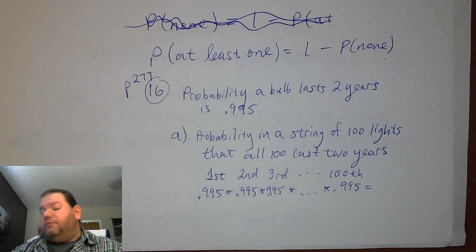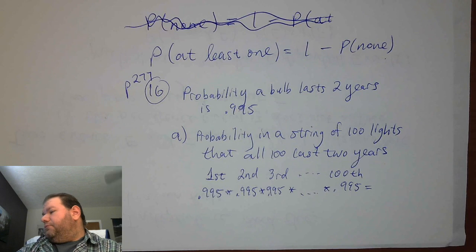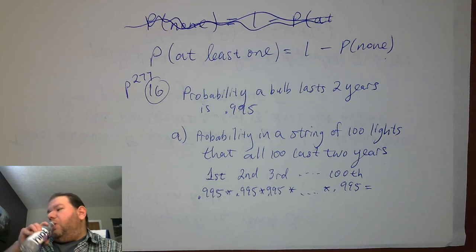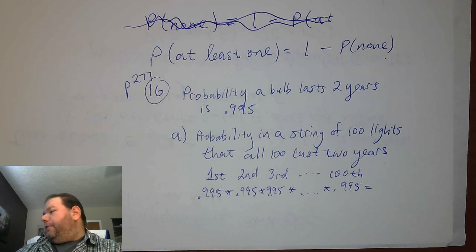Rather than just doing 0.995 times itself 100 times in the calculator, what's an easier way of doing that? Does anyone have that?